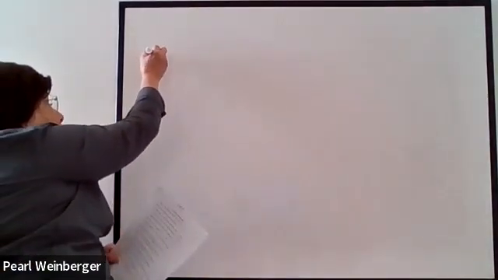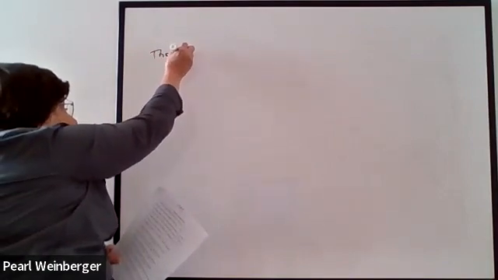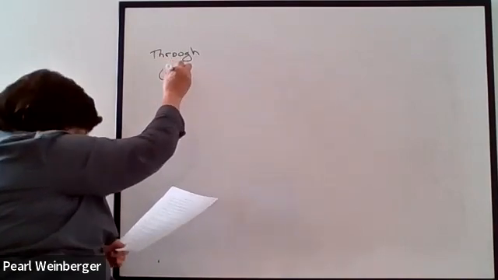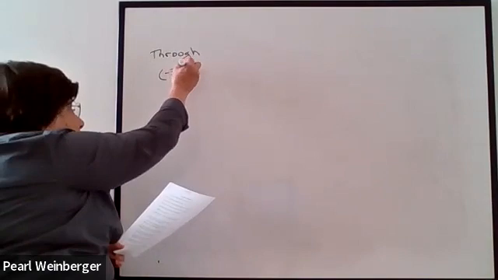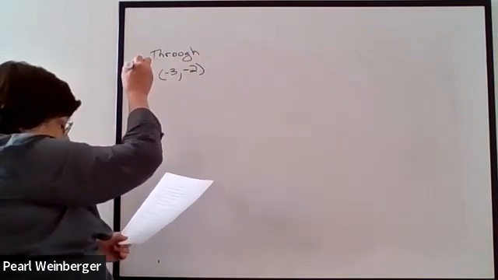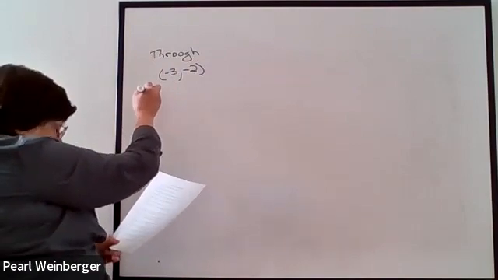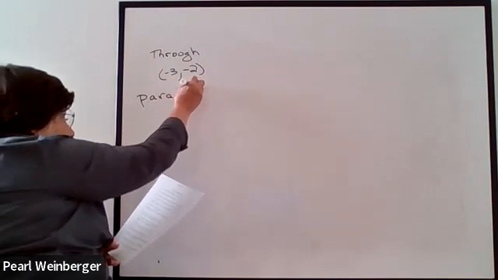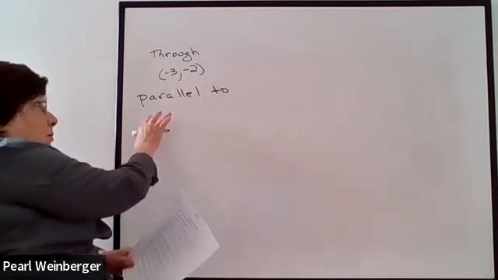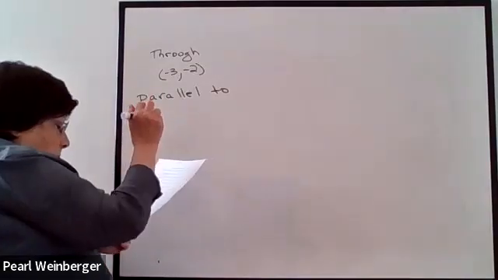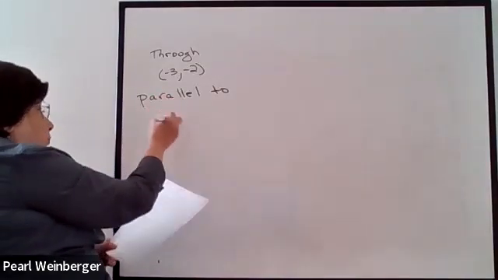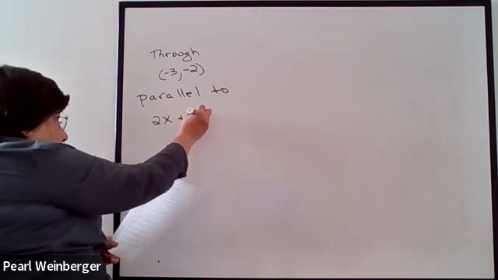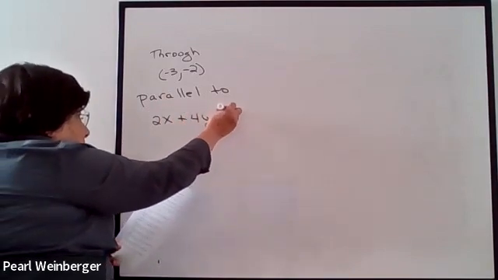It's going through the point -3, -2, and it's parallel to the line. I'm giving you a second line. It's parallel to the line 2x plus 4y equals 8.